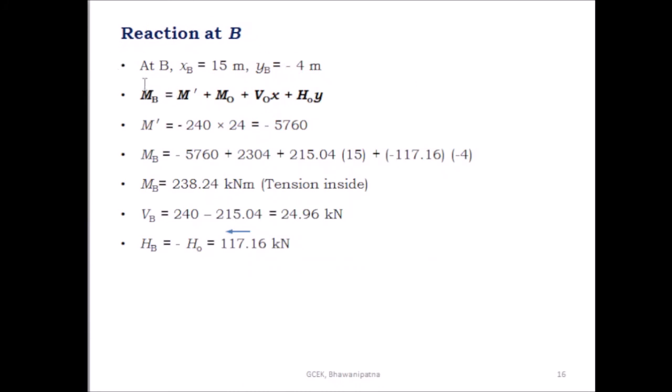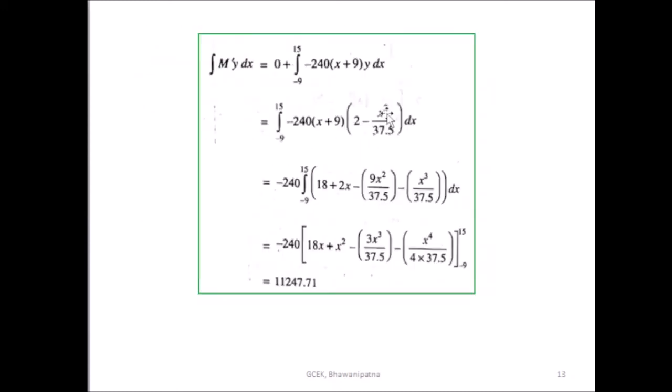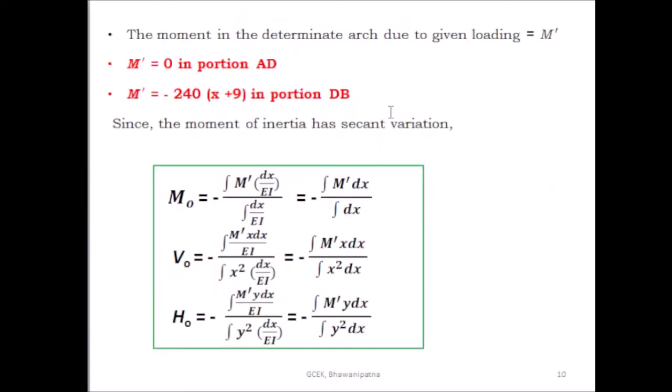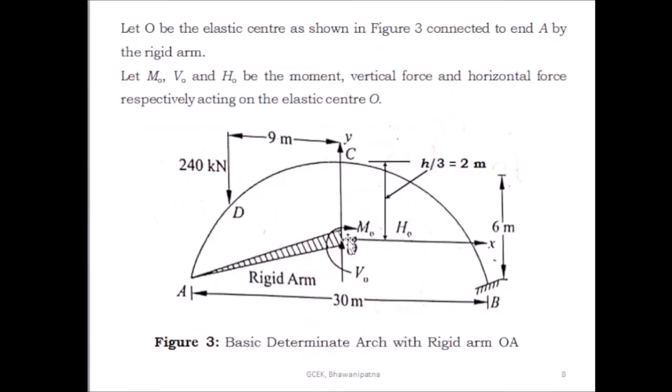First you have to know the coordinate of B with respect to the elastic center. Here this is the elastic center and this is the origin, and this is the x-axis and this is the y-axis. To find the reaction at support B, first you have to know the coordinate of support B. The y coordinate of support B is minus 4 meter, and the x coordinate is plus 15 meter, the positive x-axis.